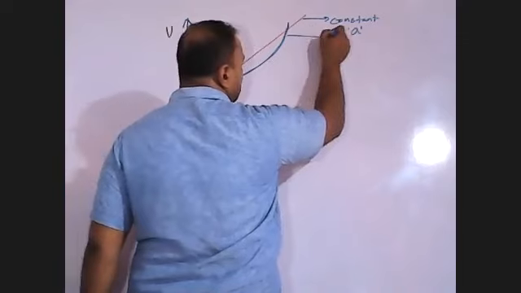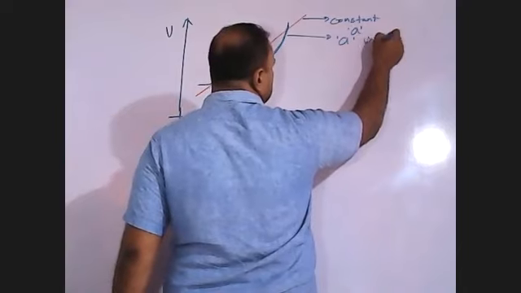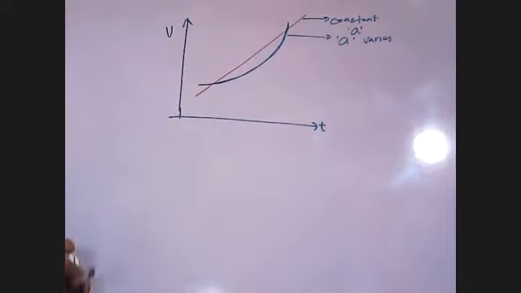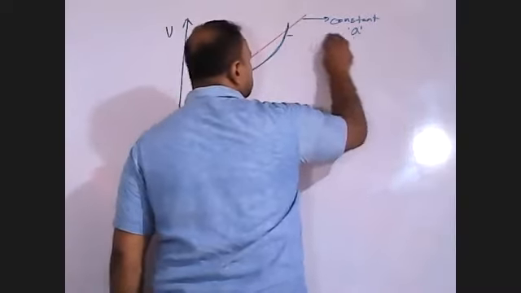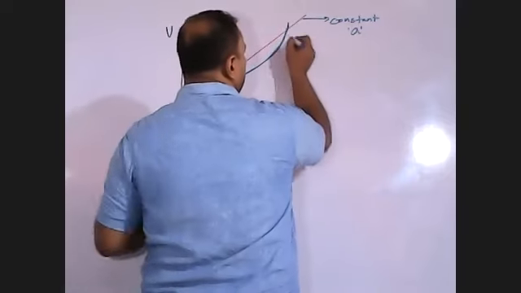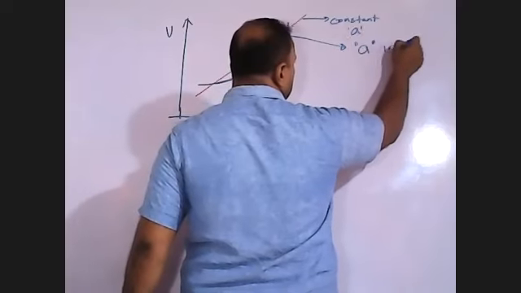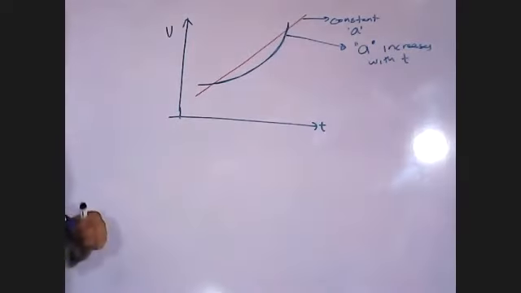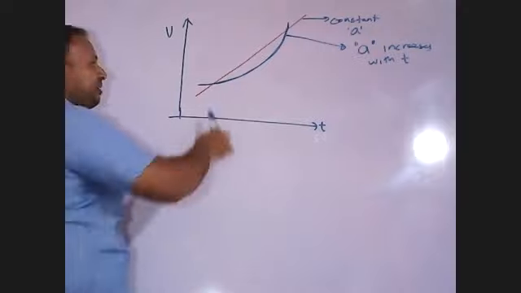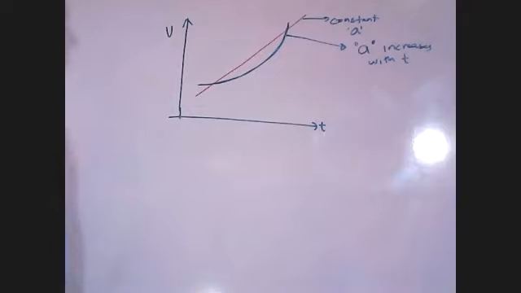Okay. In the curved graph, the gradient increases, therefore acceleration increases with time in the second graph.